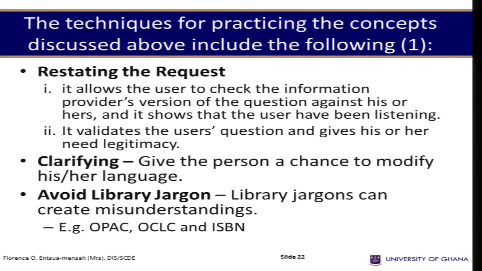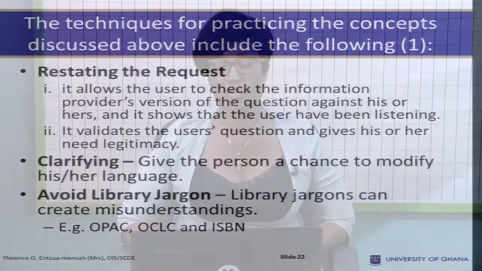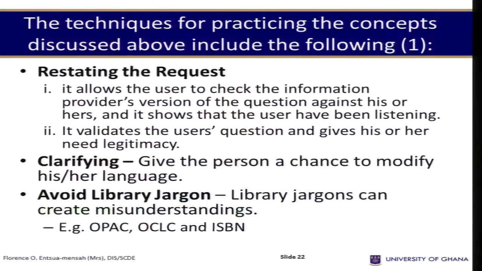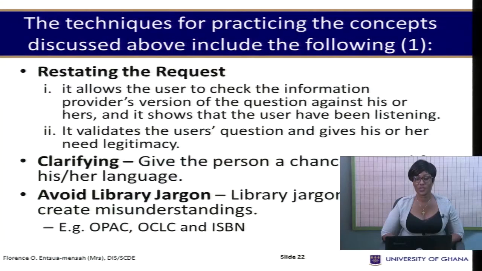We also have to be clear on the way we eliminate misunderstanding between we as information providers and the user. The first one is restating the request. In situations where the information provider is not clear of the request from the user, the provider should restate the request to check whether that is what the user wants.